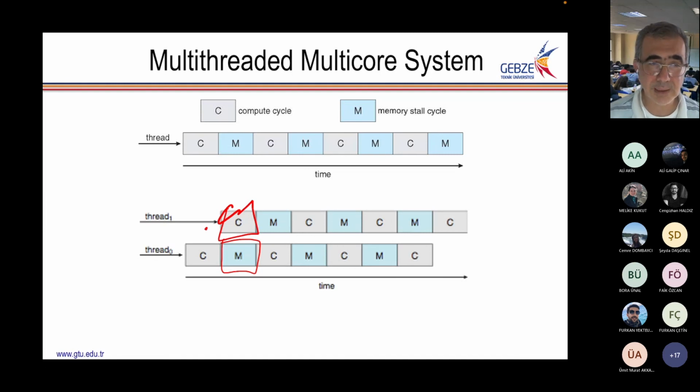Then if there is a conflict, let the core run a non-conflicting thread for that time. This is what is given as an example.